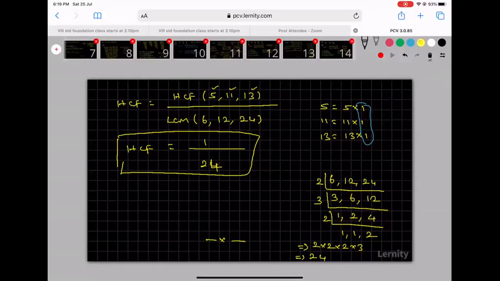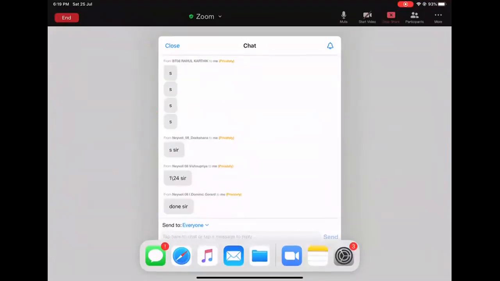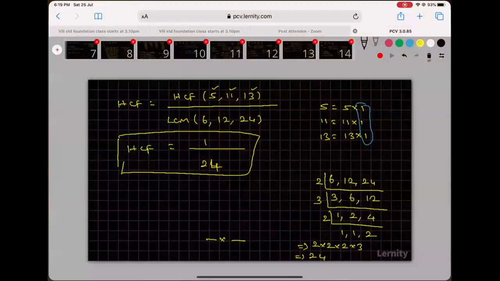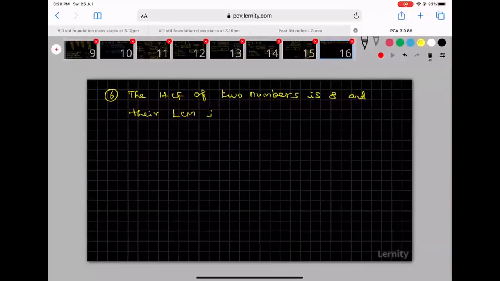Now we will move to problem number 6. The HCF of two numbers is 8 and their LCM is 384.